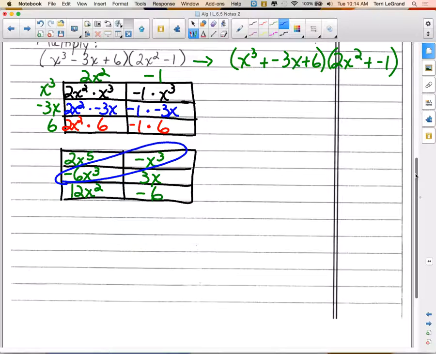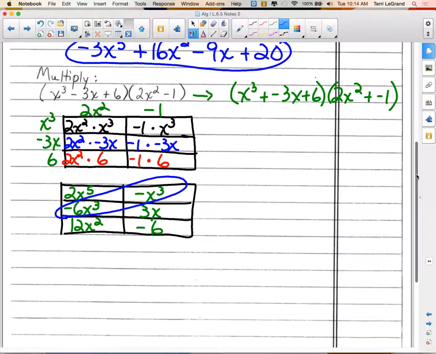Anybody think they know what might be the reason why I can't have 2 diagonals with like terms? Okay, I guess I'll give it away. Because some of the terms are missing in these. We have cubes, but we don't have any squares. We have squares, but we don't have any x's.